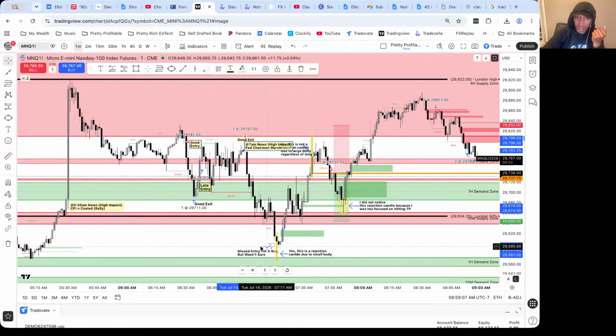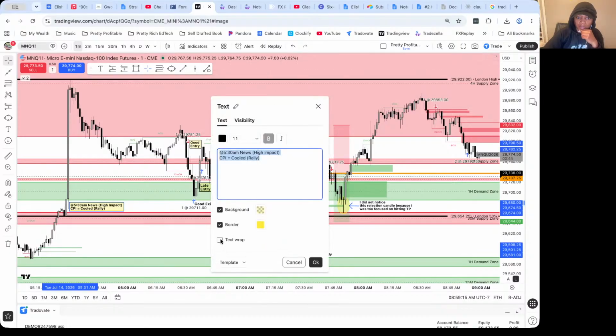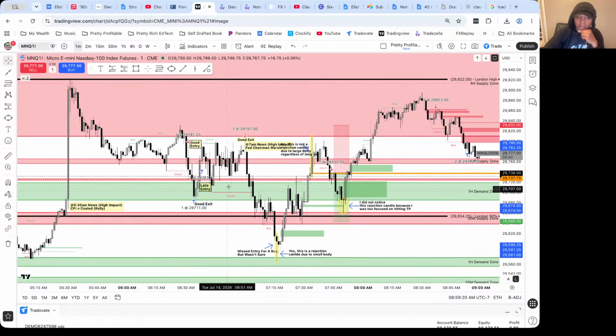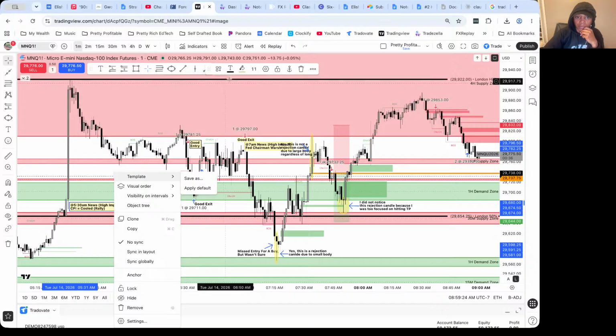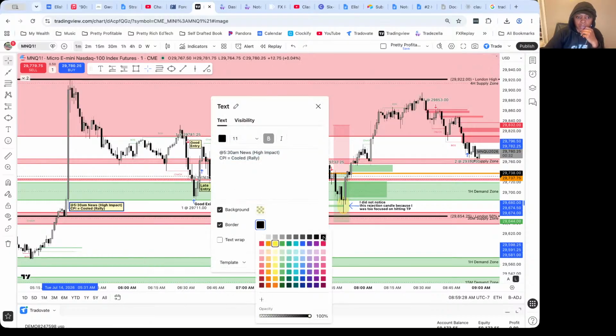I want the border to be yellow. Let me see, do I want the border to be yellow or black?